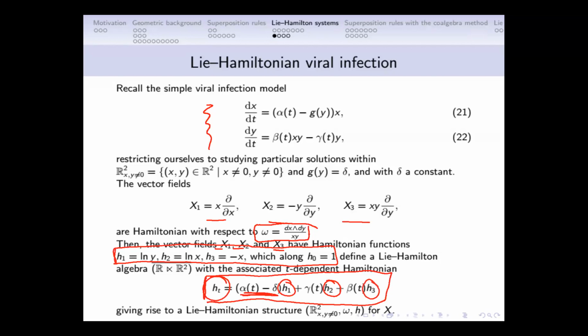In this case, look at this. The Poisson algebra is not the same as the Lie algebra. Here you can see that we have 4 elements. This is called a non-trivial central extension of the Lie algebra.